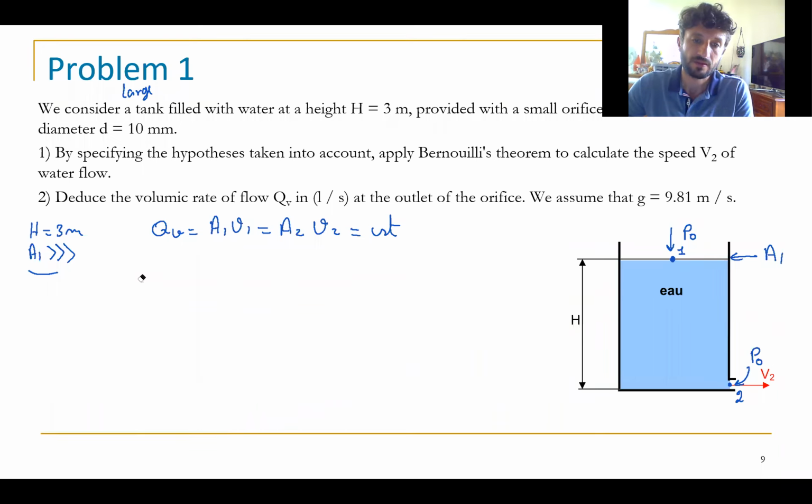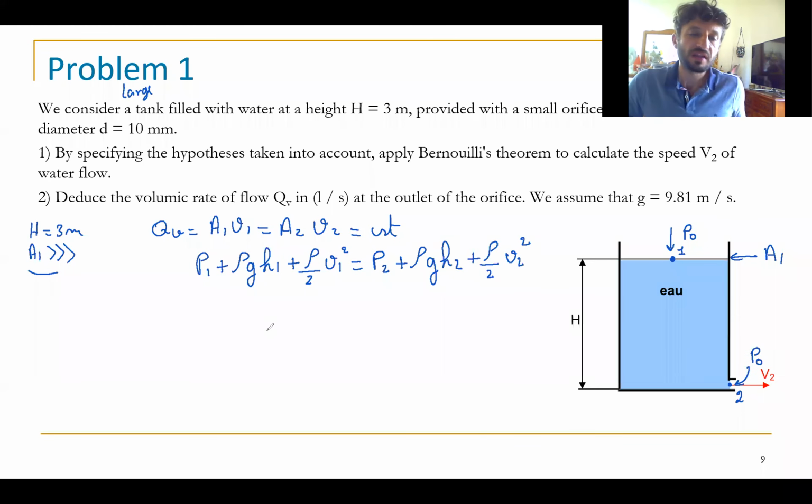So the Bernoulli equation: P1 plus rho g H1 plus rho divided by 2 V1 squared equals P2 plus rho g H2 plus rho divided by 2 V2 squared. Let me write the definition of each one. P1 equals P2 equals P0, so we can eliminate P1 and P2. What about the height? We take the origin at the lowest point.